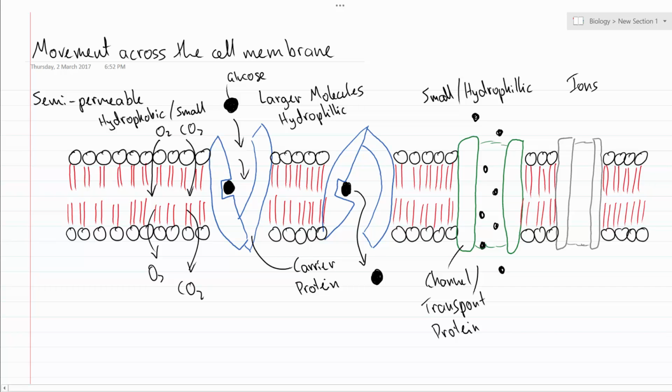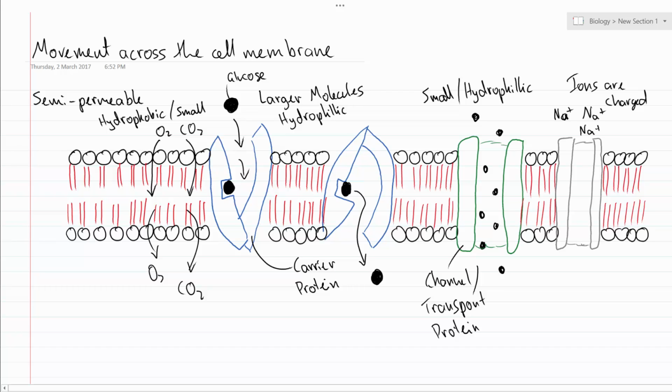Now, ions are charged, which makes it impossible for them, or at least extremely hard for them, to make their way straight through the phospholipid bilayer because of their charge. So if we're talking about something like sodium ions, Na+, these are going to have a torrid time trying to get through the phospholipid bilayer.